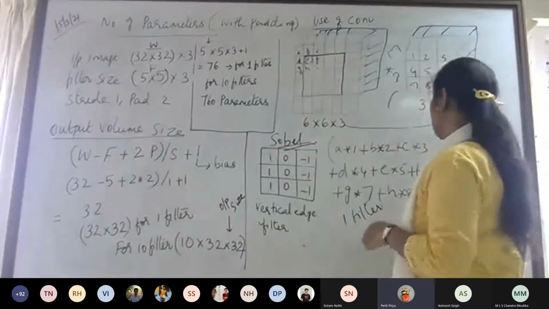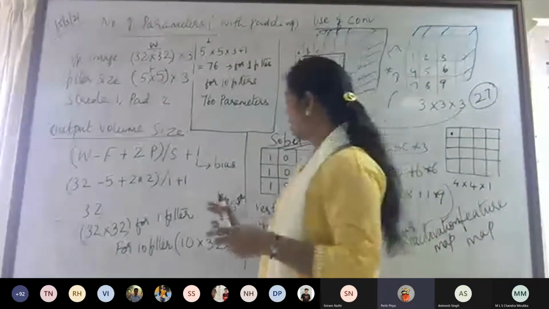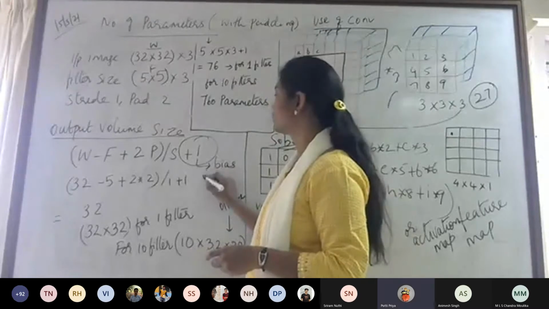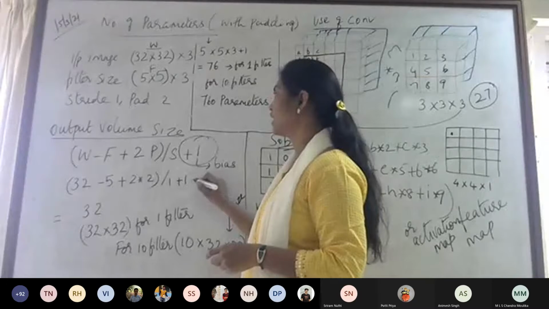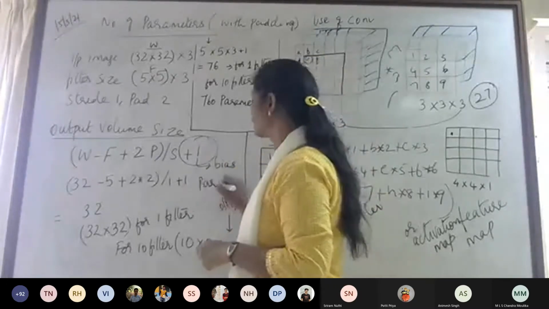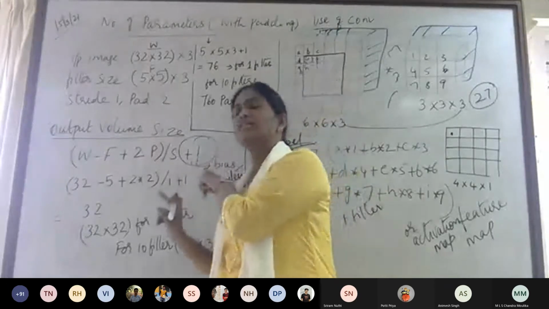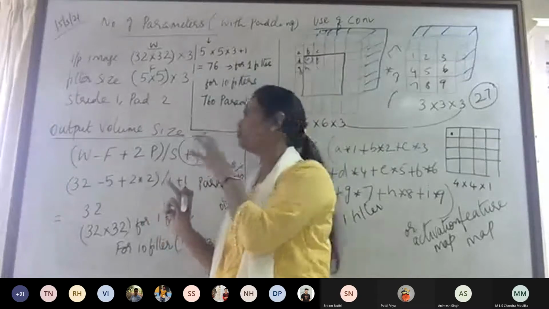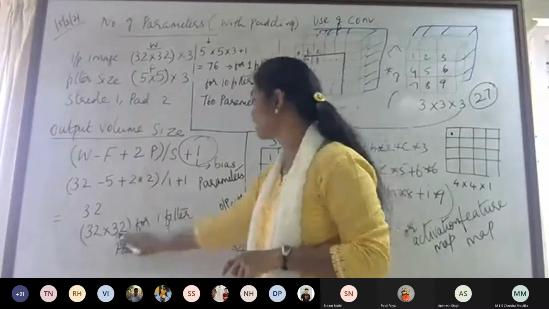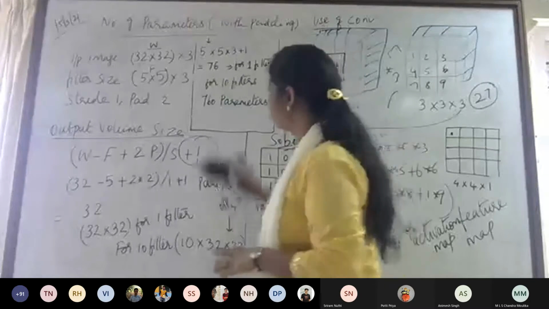Okay, ma'am. See, you have to understand one thing. This plus one is added only for finding the number of parameters. While calculating the output size, you are just taking 32 by 32 into the number of filters only.